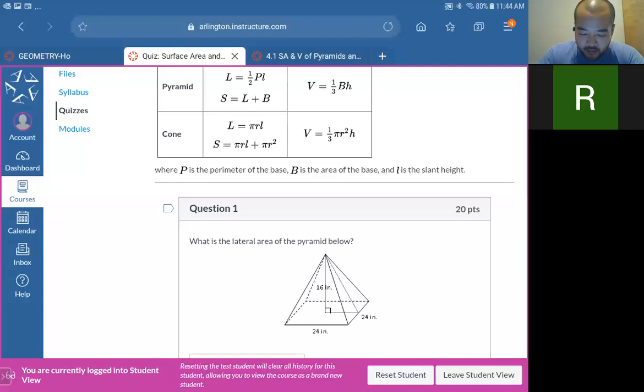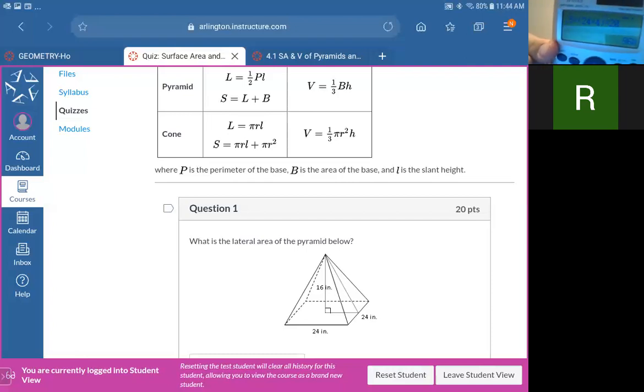I'll give you this one since you're watching this video. To find the slant height, a squared plus b squared equals c squared. So 16 squared plus 12 squared. The slant height for this one is 20. So the lateral area is 0.5 times 24 times 4 times 20.